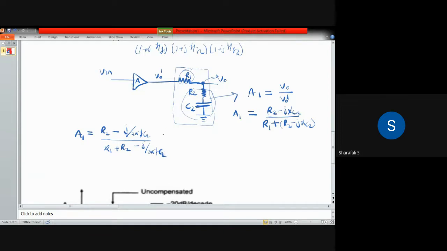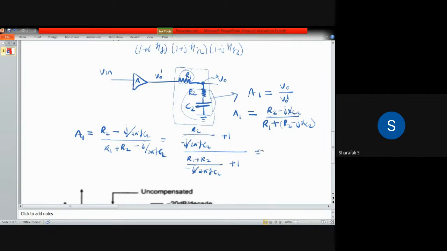Now this can be further reduced by taking 2 pi f C2 common, and the common terms can be cancelled.